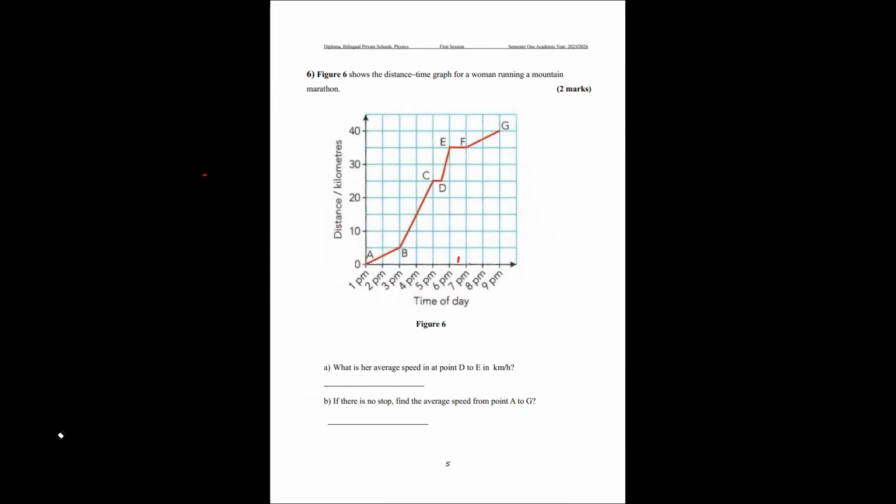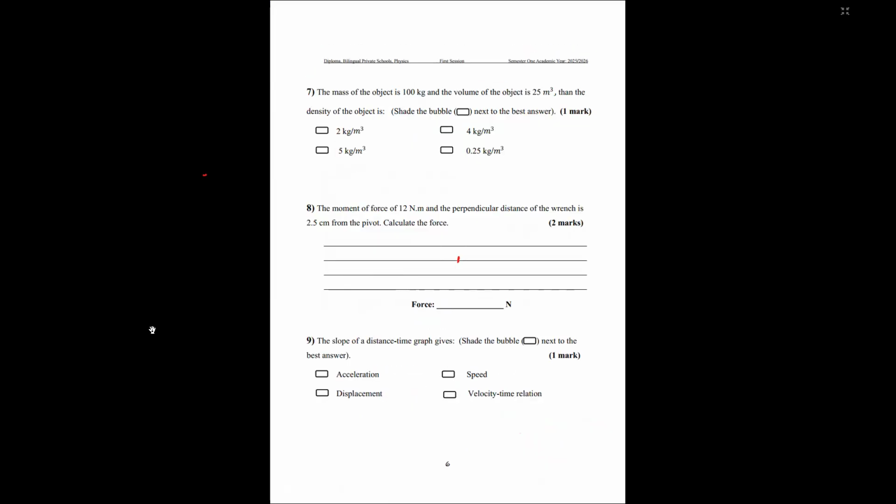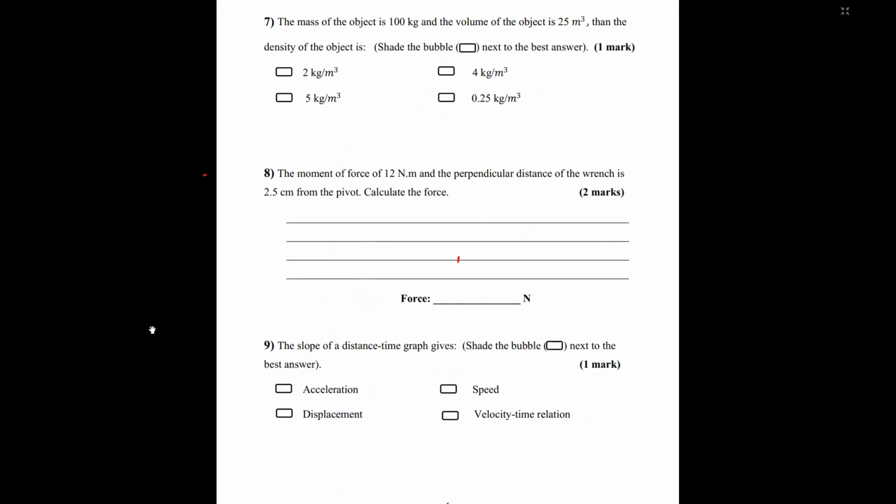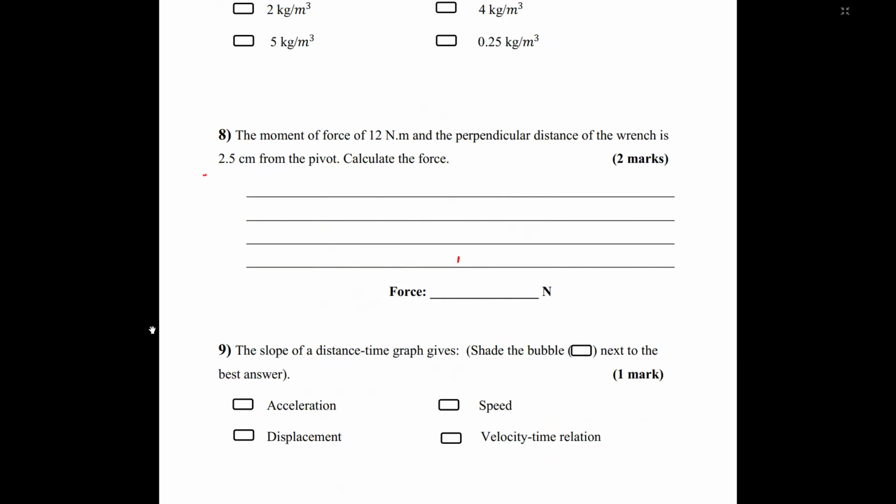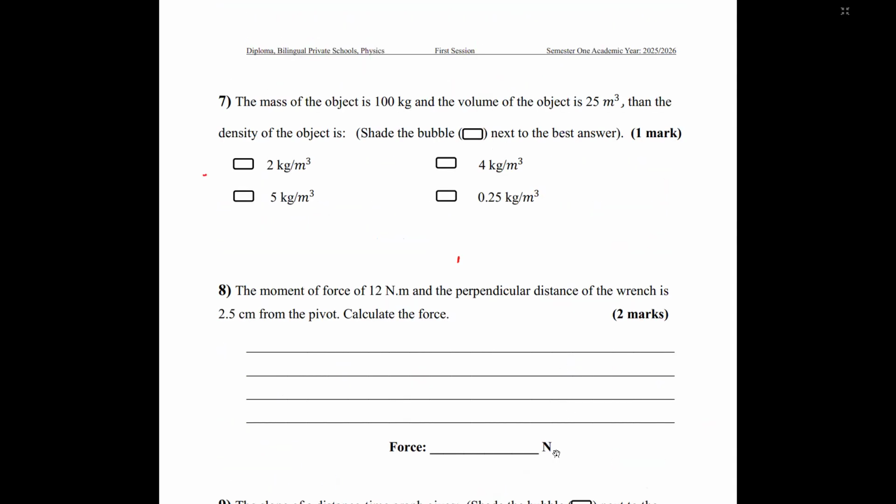Now, move to question number 7. Question number 7 is this one. All right, question number 7 is just a multiple choice question. So look at this, it's a simple one, I think. The question is, the mass of the object is 100 kg. So mass is 100 kg.